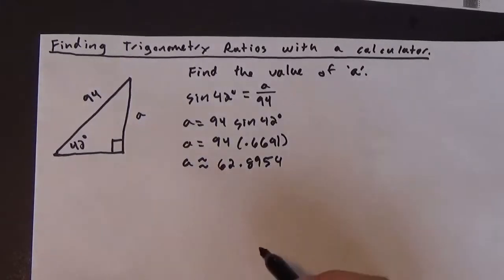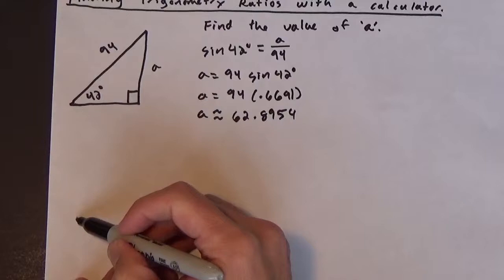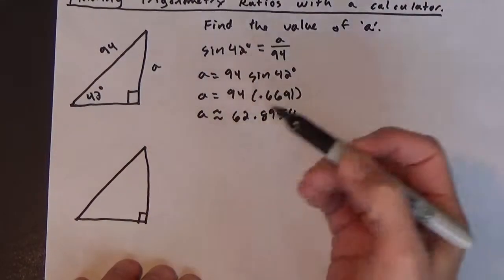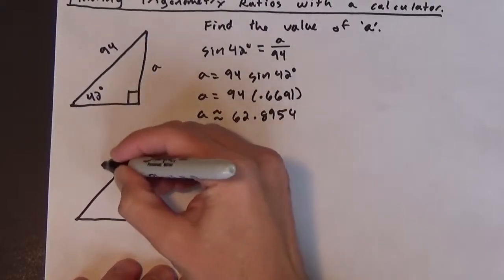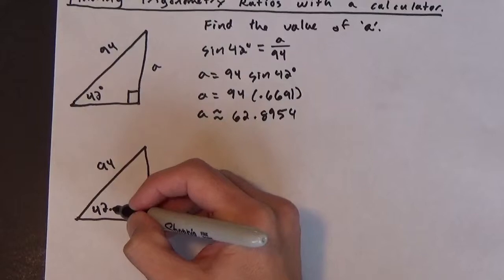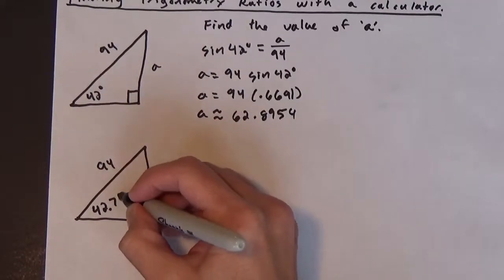Well, then we come to this problem here. That's not a very good right triangle, but that's okay. Let's say this is A, this is 94, and this angle is 42.7 degrees.